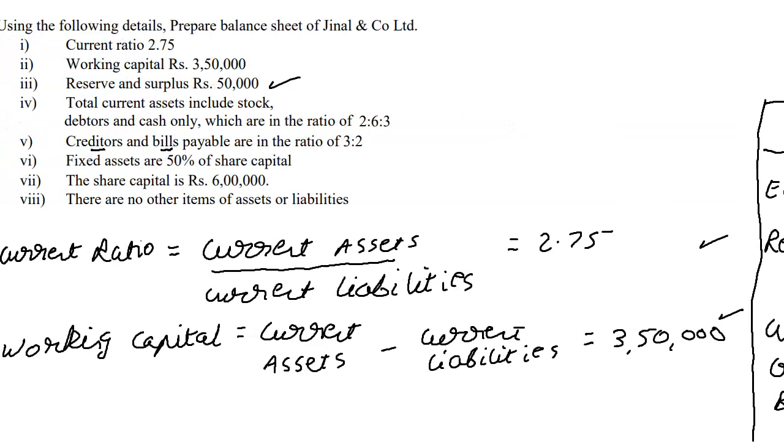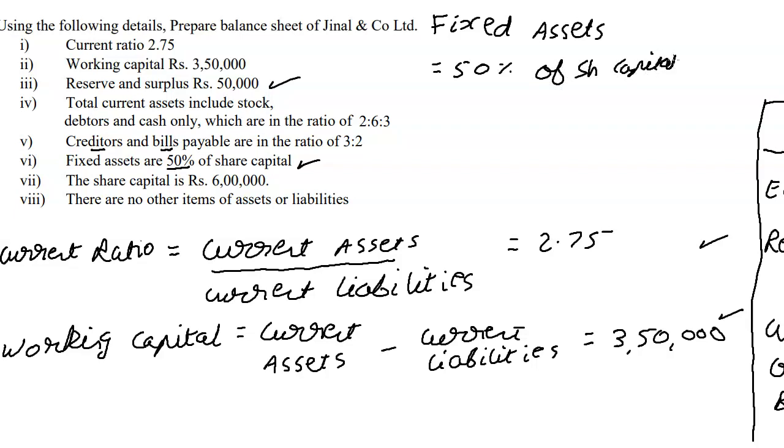There are no other assets and liabilities, and also we've been told that fixed assets are 50% of share capital. This is really a simple thing to do. Take 50%, multiply it into 6 lakhs. I'm just going to do it over here. So fixed assets is equal to 50% of share capital, and that is 50% of 6 lakhs.